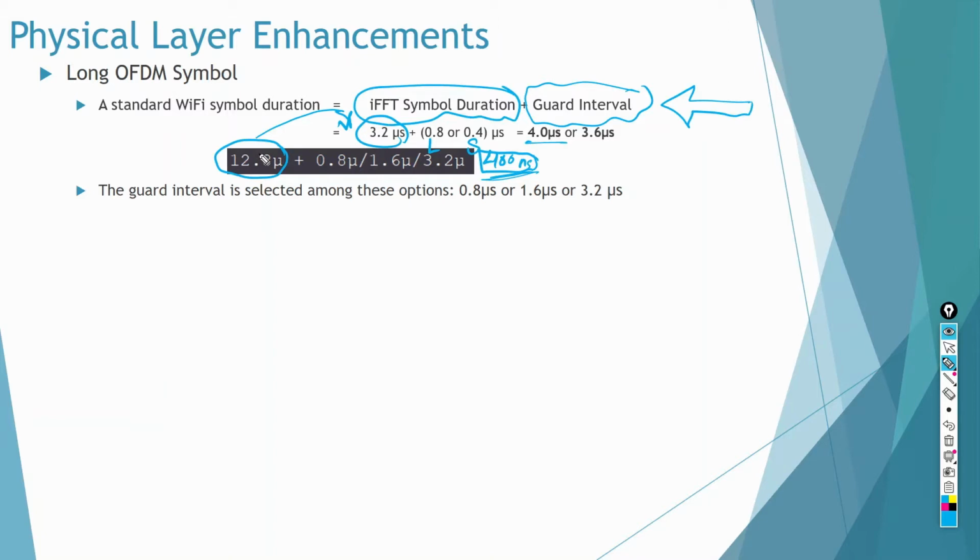Okay, so now we have a question. I need to say the question and we have to contemplate it and provide an answer. So the question is, how does the usage of a longer OFDM symbol help enhance the 11AX operation at the PHY layer?